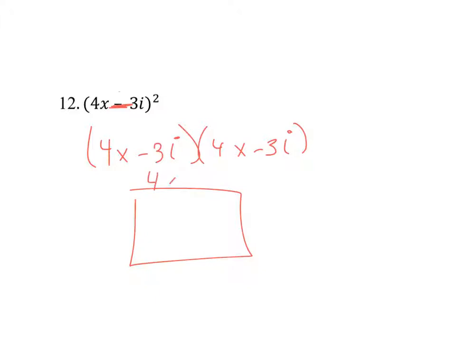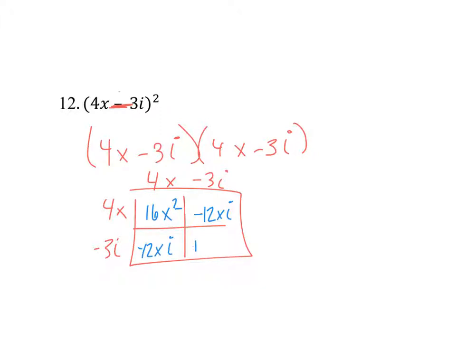So I have 4x minus 3i and 4x minus 3i. I'll end up getting 16x squared and then negative 12xi, another negative 12xi, and a positive 9i squared.